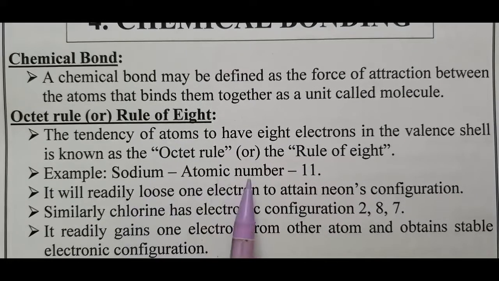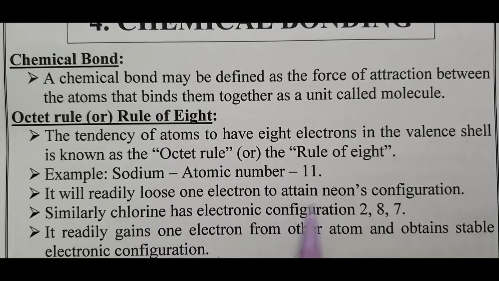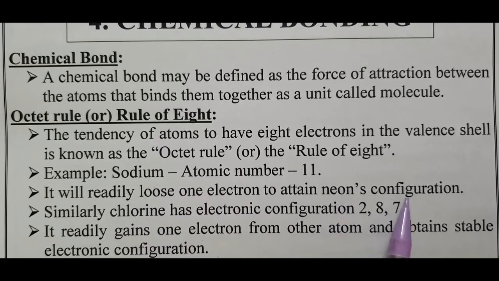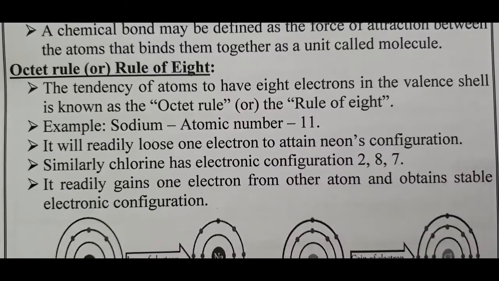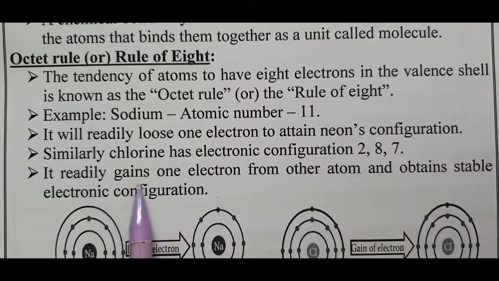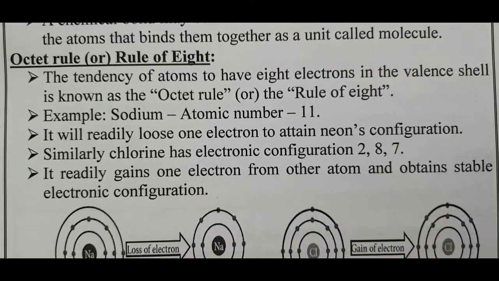Example, sodium, atomic number 11, will readily lose 1 electron to attain neon's electronic configuration. Similarly, chlorine, atomic number 17, has electronic configuration 2, 8, 7. It readily gains 1 electron from another atom and obtains a stable electronic configuration.